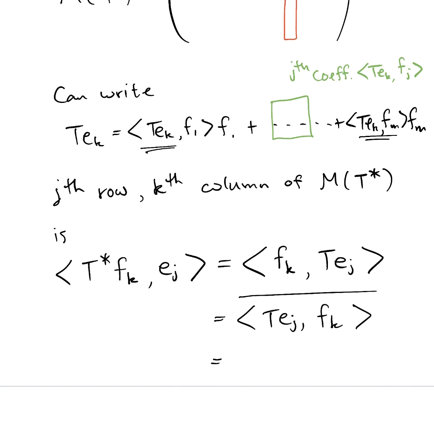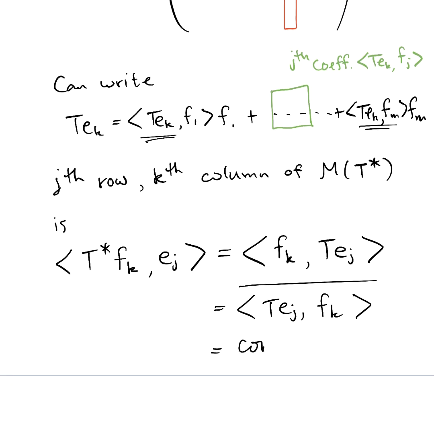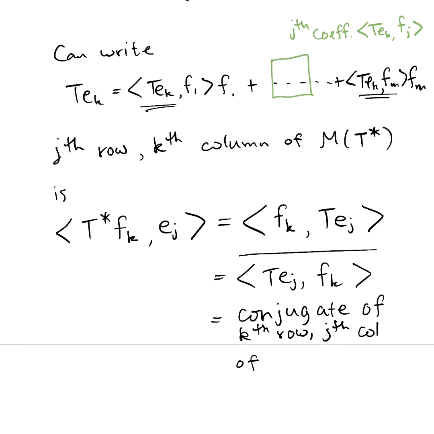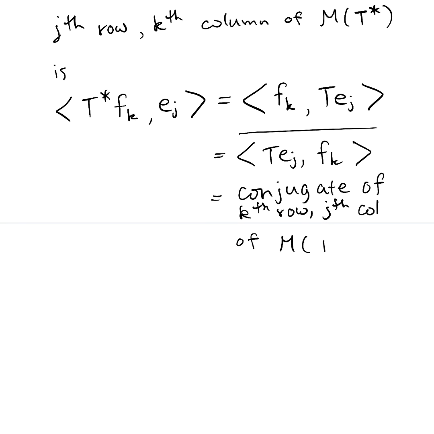Now look what that is. That is the conjugate of the kth row, jth column of M of T. Now read all that.